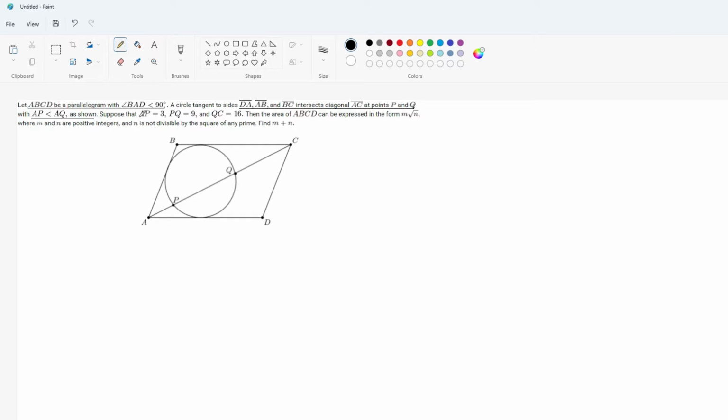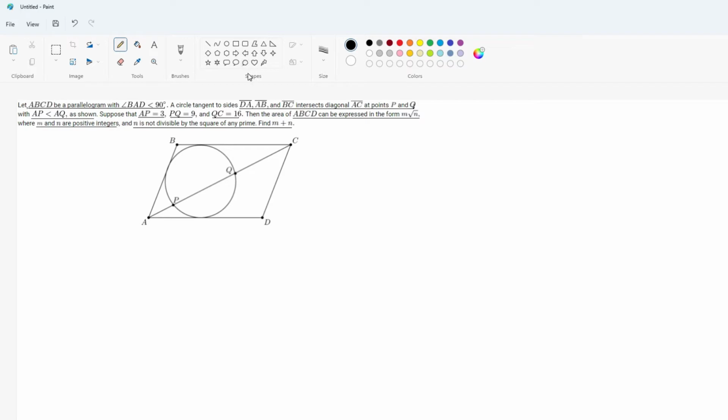Suppose AP equals 3, PQ equals 9, and QC equals 16, then the area of ABCD can be expressed in the form m root n, where m and n are positive integers, and n is not divisible by the square of any prime. Find m plus n.